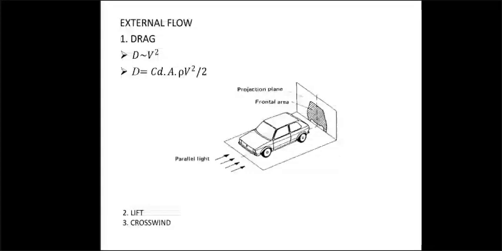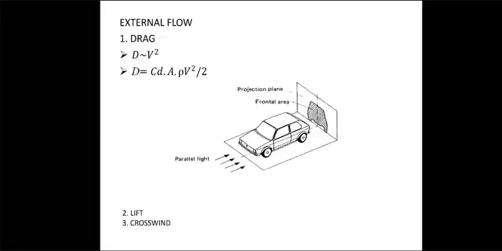So if you see the projected frontal area, the projected plane is there, and you need to calculate this area, and for this area you need to calculate the drag. So this is how you are going to calculate the drag.